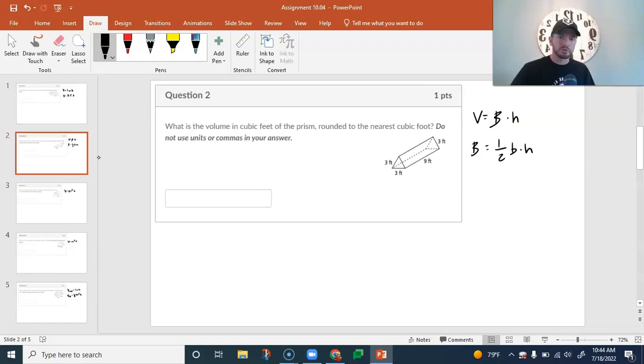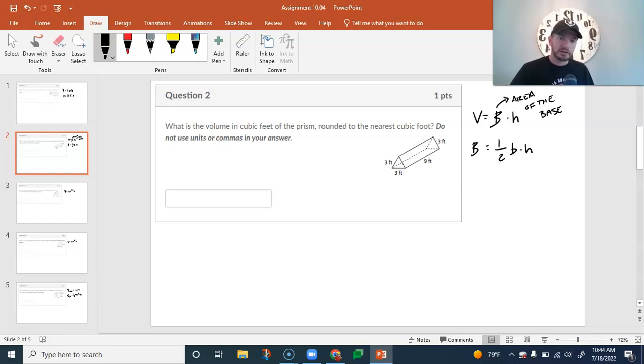Number 2 is a little bit more difficult. For a triangular prism like this, the volume is the area of the base. That's what this big B means. Area of the base. And then you multiply by the height.